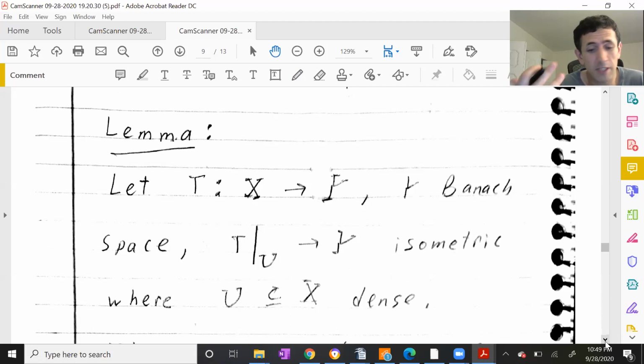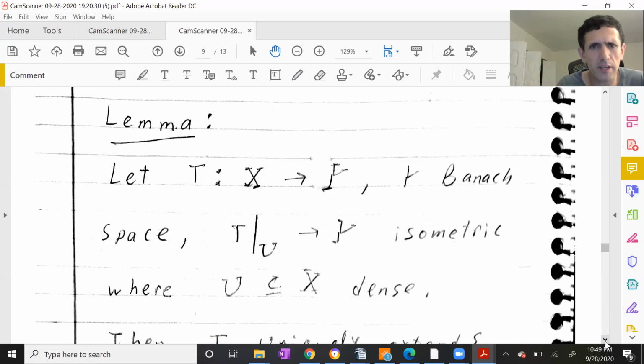Sometimes the integral does not converge. So we simply cannot define the Fourier transform on L2 by the integral. But that's okay. We can do the next best thing. We can extend it from L1 intersect L2 to L2.